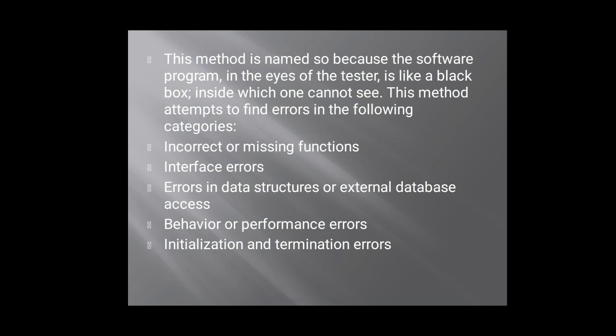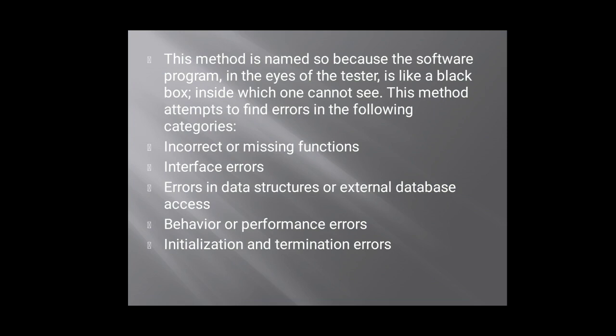The tester does not know the implementation or the design of the product, but the methods he is going to apply are specified on the basis of the following categories of errors.